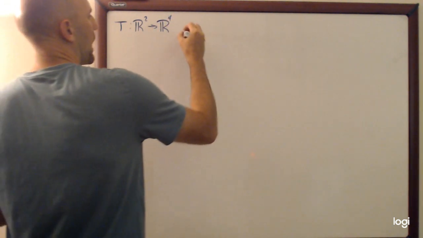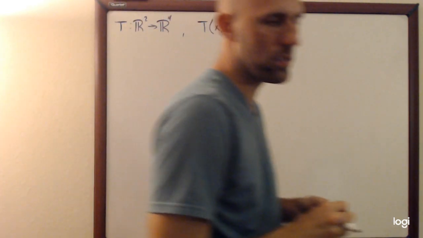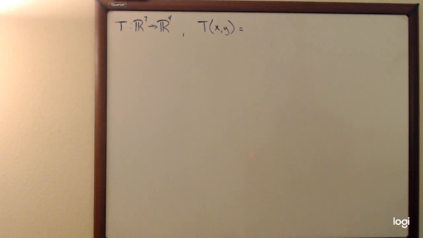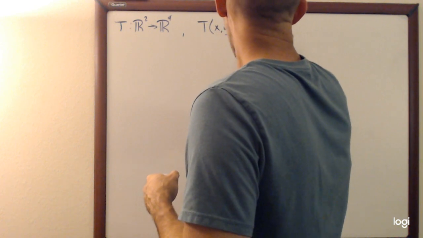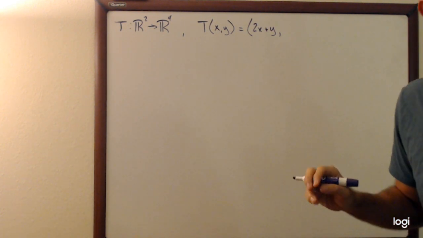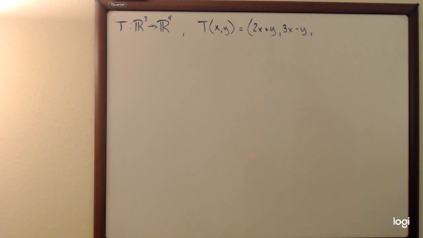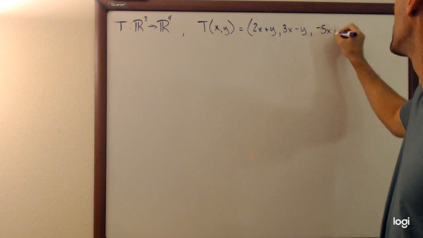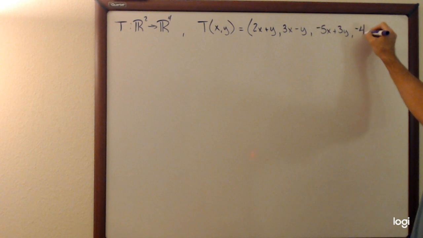I'm going to define the action of T by saying T applied to (x, y) is (2x + y, 3x - y, -5x + 3y, -4y). Okay. So again, what is T doing?